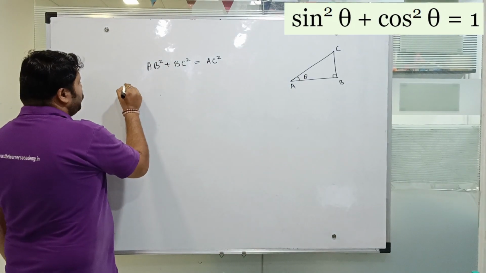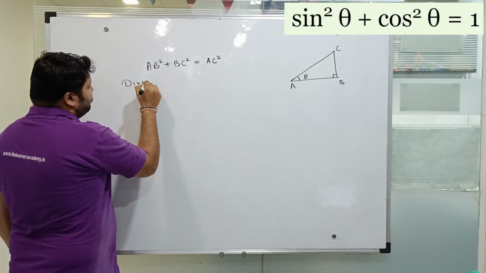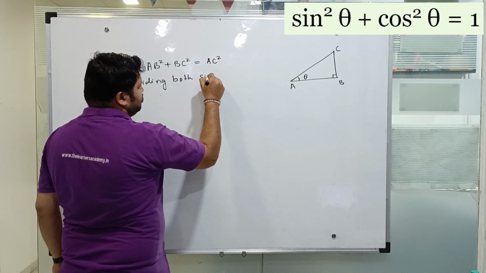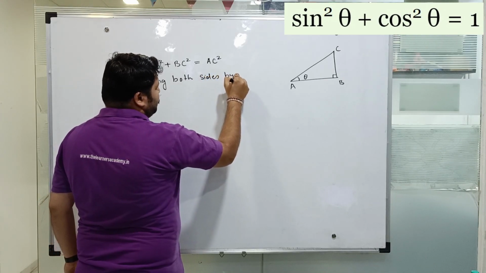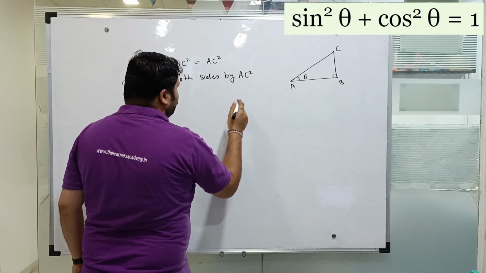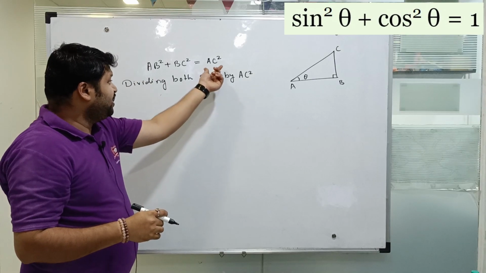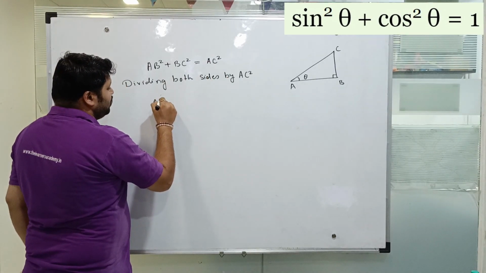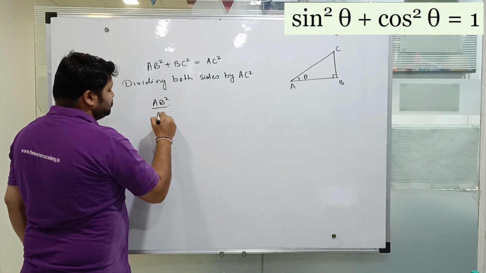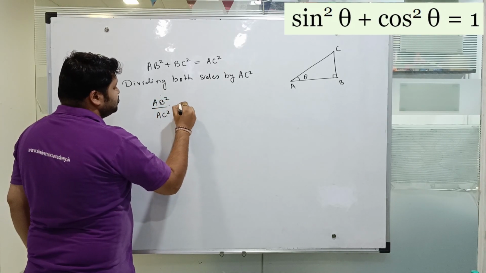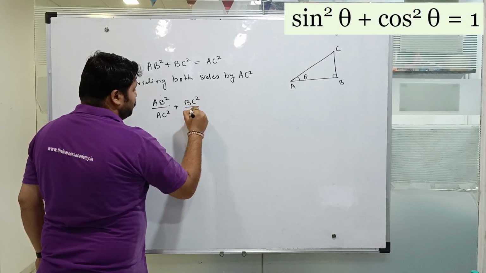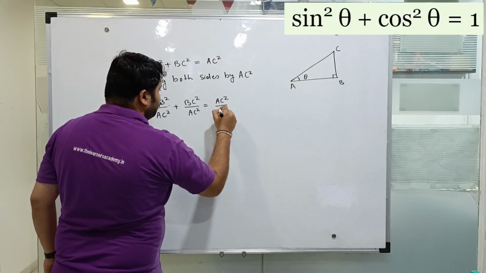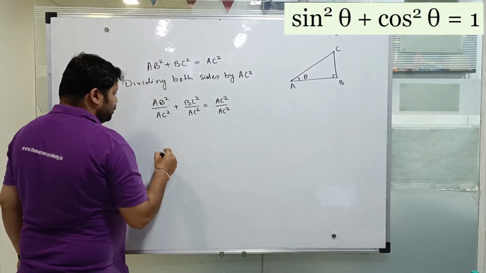So if I go ahead and write, dividing both sides by AC square, that is the hypotenuse square, we get AB square upon AC square plus BC square upon AC square is equal to AC square upon AC square.